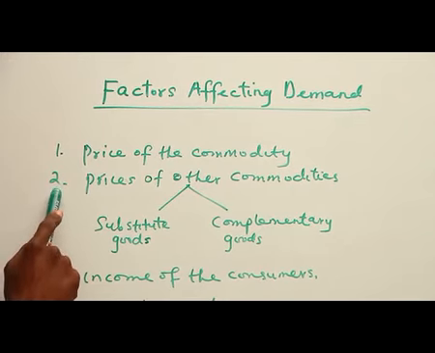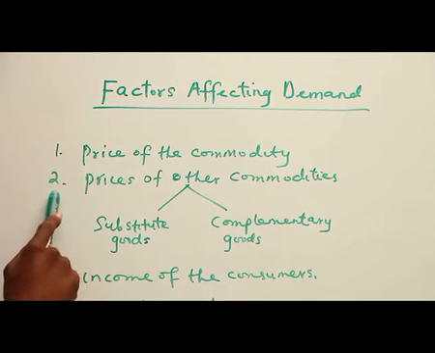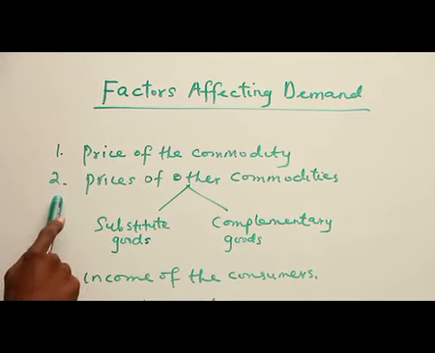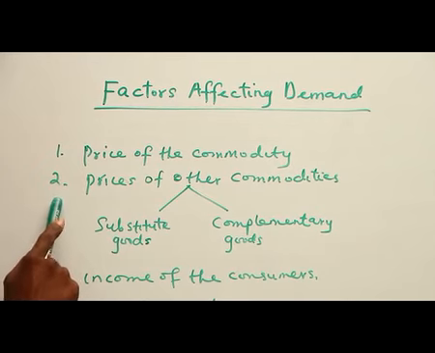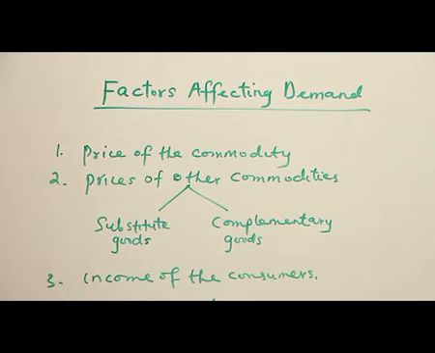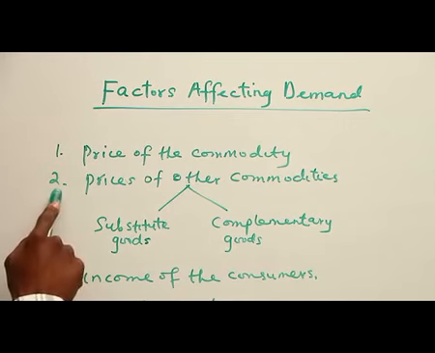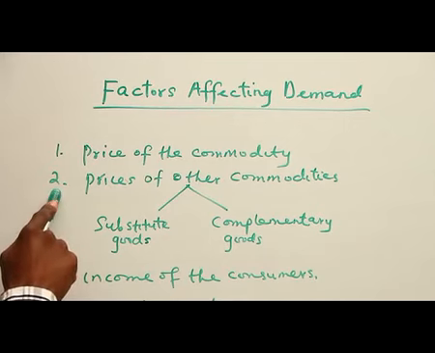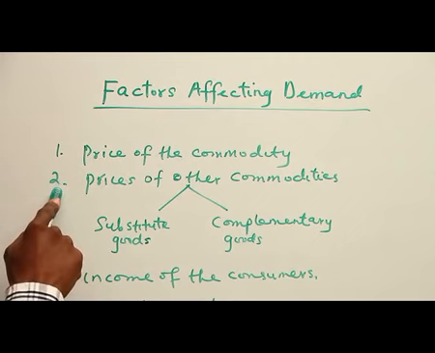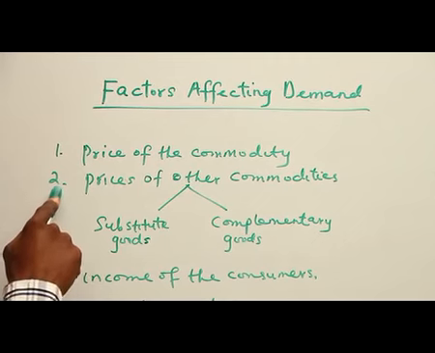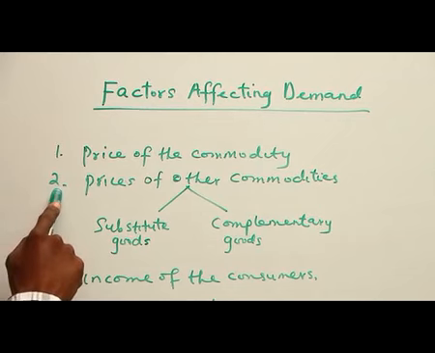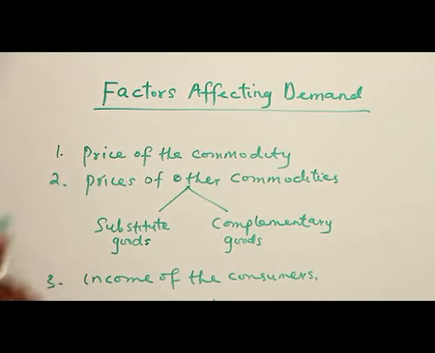If there's an increase in the price of one, it will affect the demand of the other. Or if there is a decrease in price of one, it will affect the demand of the other one. That is, if there's an increase in the price of bread, the demand for butter will decrease, holding other things constant here. So that's why I said the price of other commodities will influence demand.